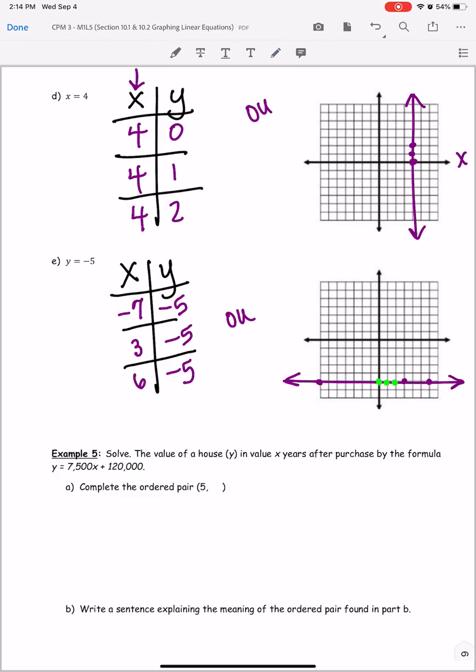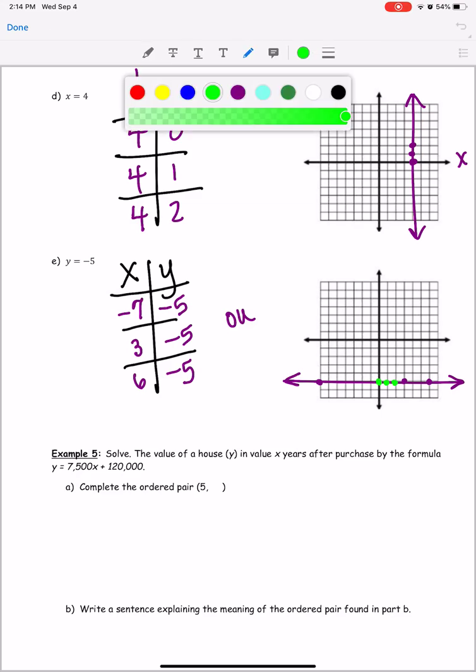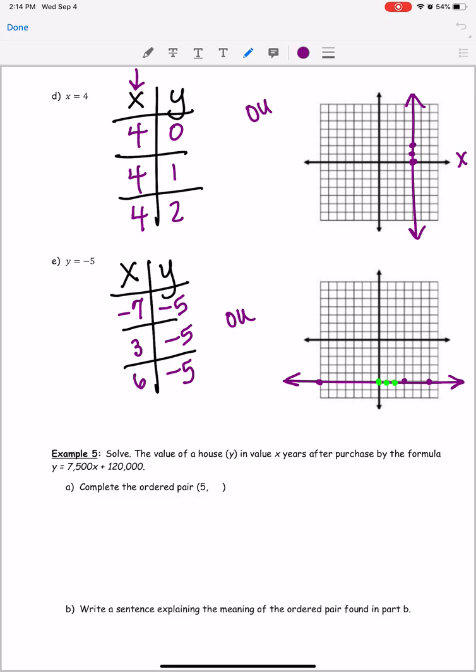Okay, and then we're going to end this fun and exciting lesson with a word problem. It says solve.